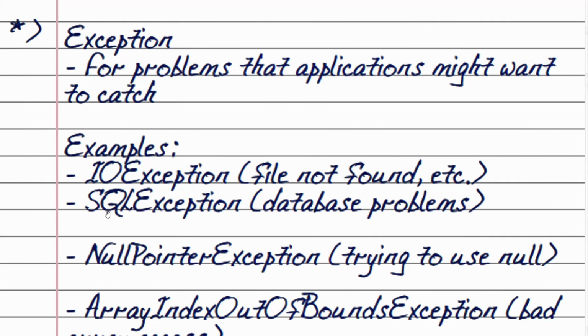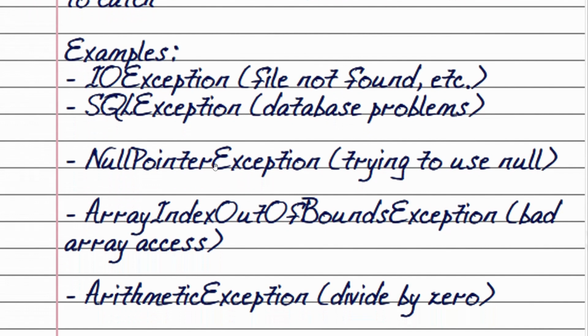Next is SQLException. That is related to our database. We have given some database connectivity to our application as a test, and that database has not been created in our SQL. So we get an error as SQLException. Next is NullPointerException.